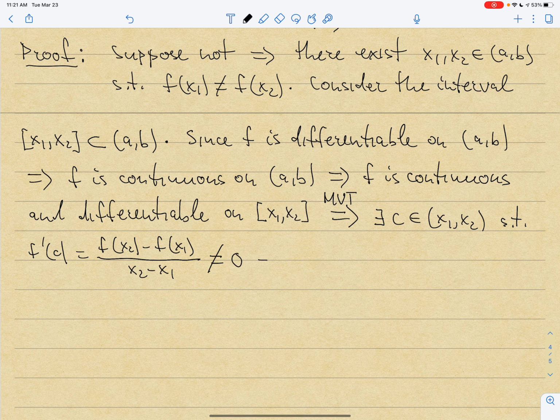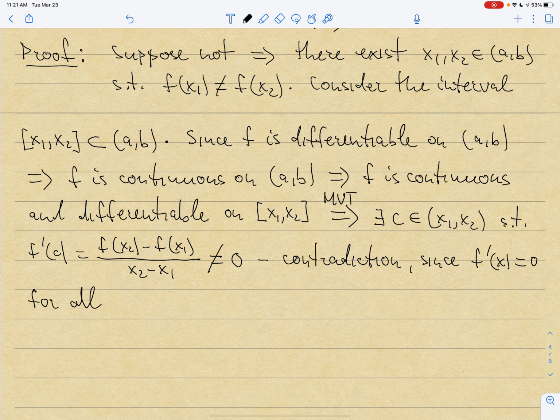And this, of course, is a contradiction because f prime of x is equal to 0 for all x in (a, b). Right?